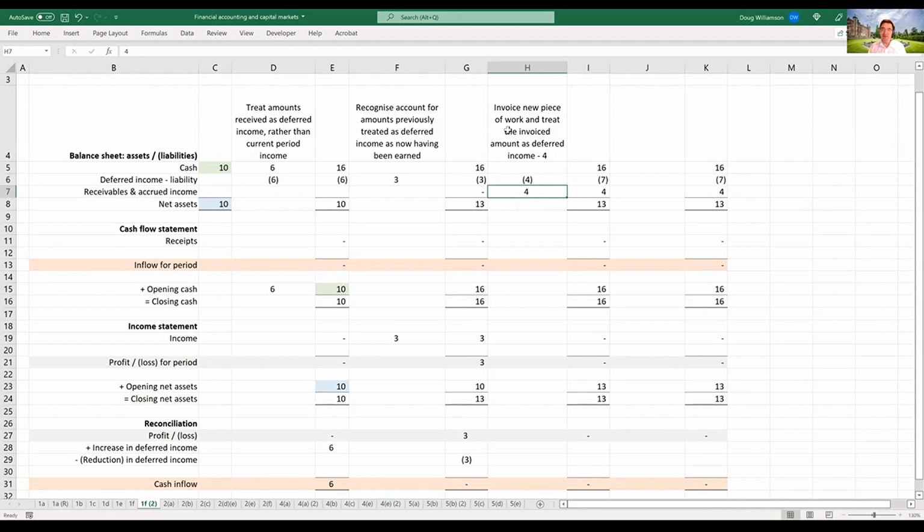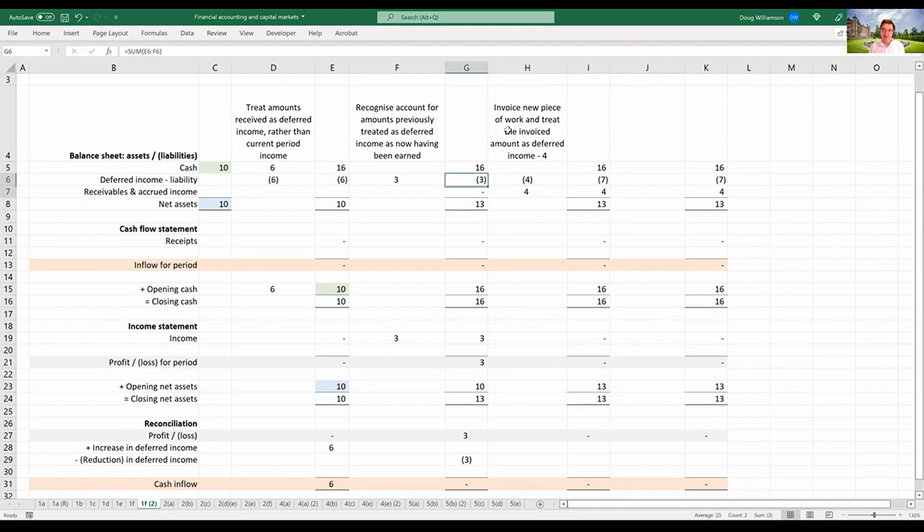So the consequence is our assets went up by 4, our liabilities went up by 4, so we've got +4 on the assets side and an additional 4 on the liability side, but the liabilities are a minus. So we've grossed up the balance sheet.